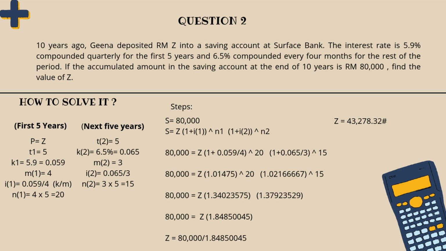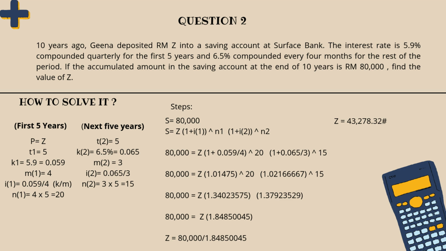Next, solving the values inside the bracket gives us 80,000 ringgit equals Z times 1.01475 in bracket to the power of 20 times 1.02166667 in bracket to the power of 15.